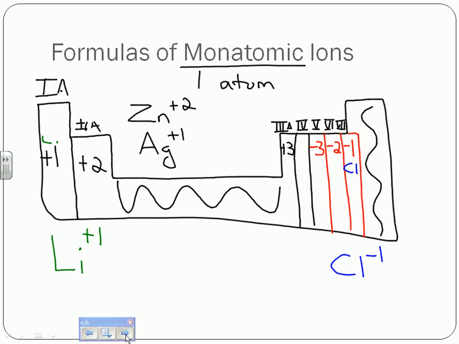Nitrogen in column 5A, most likely charge would be a minus 3. And it's all about finding these elements on the periodic table. Magnesium is a 2A metal, so magnesium most likely is going to be a plus 2 charge.